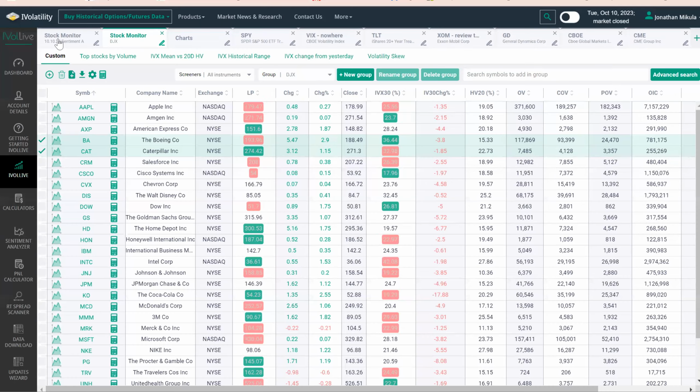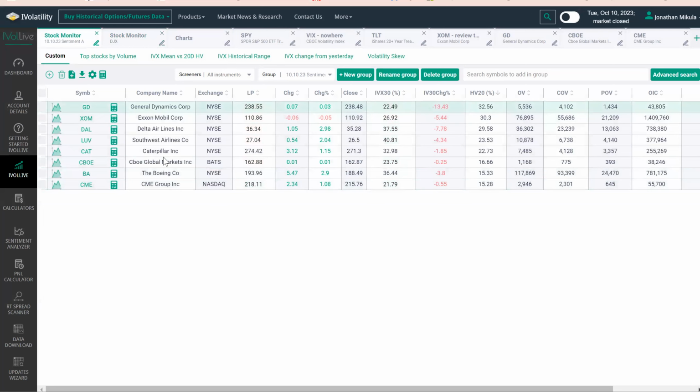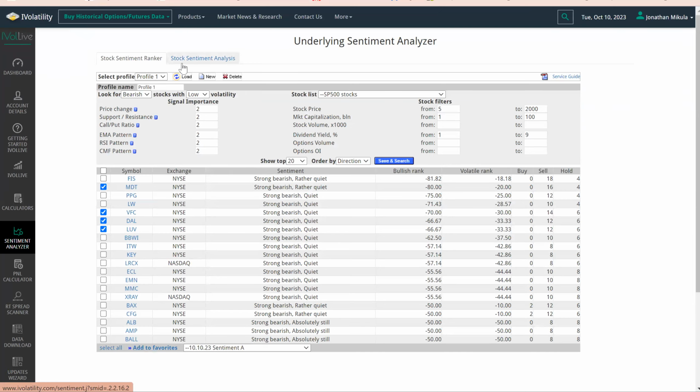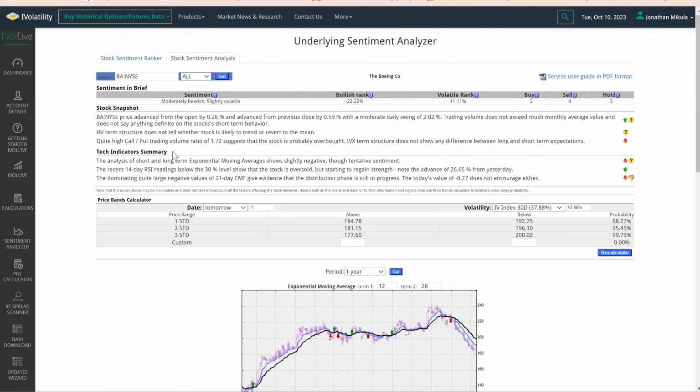And then now those are here, right? So Boeing and Caterpillar have showed up, and then you could click on them to pull up another tab here. And then you could also go back to the Sentiment Analyzer, click on Stock Sentiment Analysis, and you would just type in Boeing for an example, and Boeing would show up. So, we could do further analysis from there.